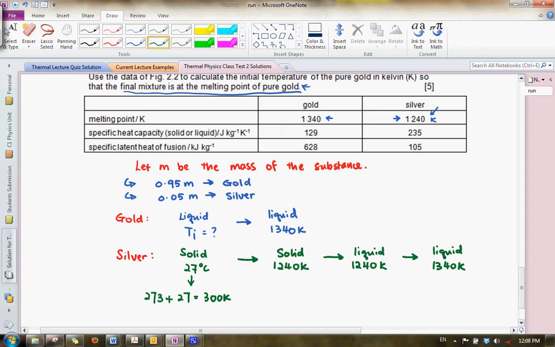What we can see here is the gold is going to lose heat, and the silver is going to gain heat in the process. For the first part it's just going to be a temperature change. This part as well is just a temperature change. This is going to be a phase change, and this is going to be a temperature change.